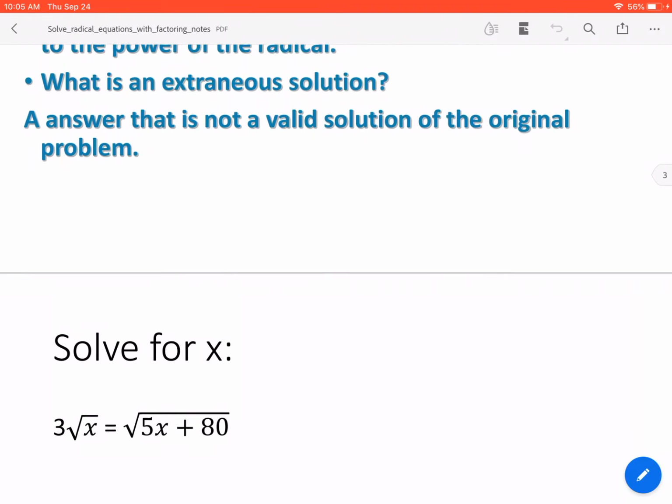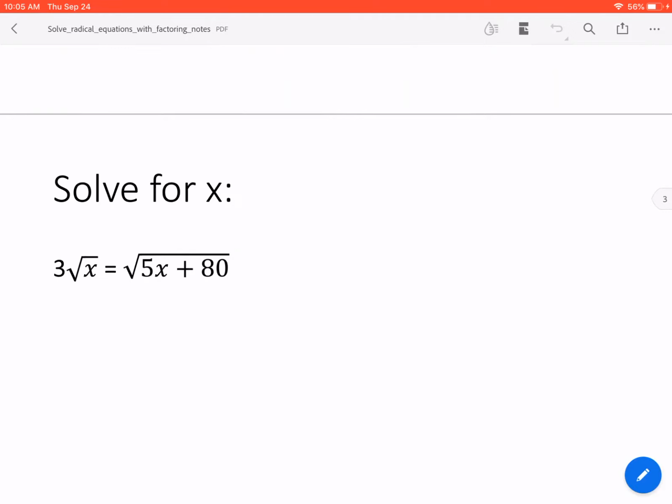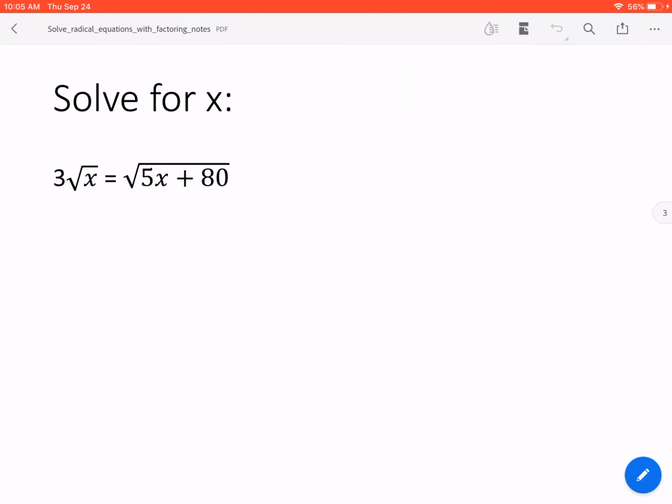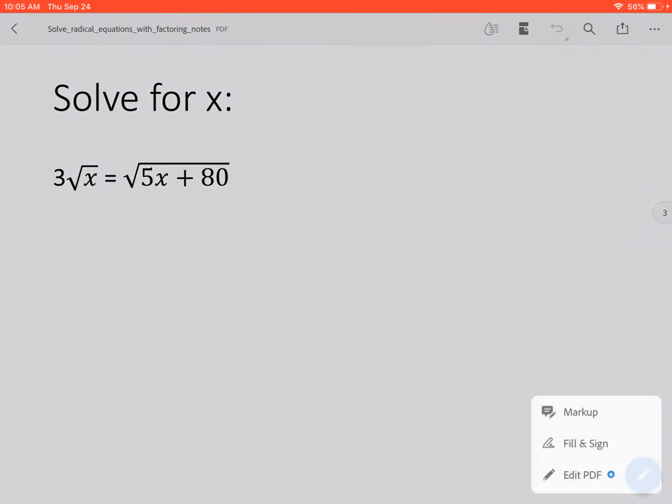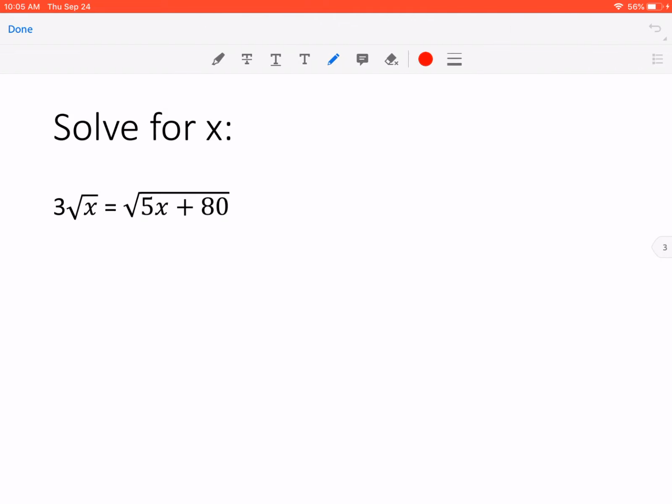Remember, what gets rid of a radical sign is squaring it. The opposite of square rooting something is squaring it. So if we look at this first example here, I need to solve for x. Well, if I'm going to square one side, remember I need to square the other side.